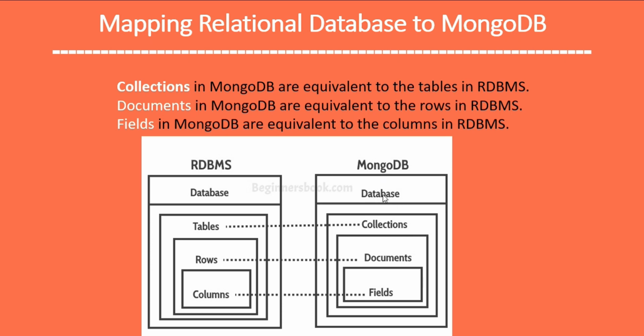So a database in MongoDB is similar to a database in RDBMS, collections in MongoDB are equivalent to tables in RDBMS, documents in MongoDB are equivalent to rows in RDBMS, and fields in MongoDB are equivalent to columns in RDBMS. So this is how we can relate RDBMS with MongoDB.